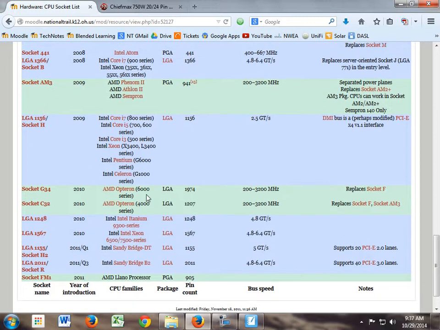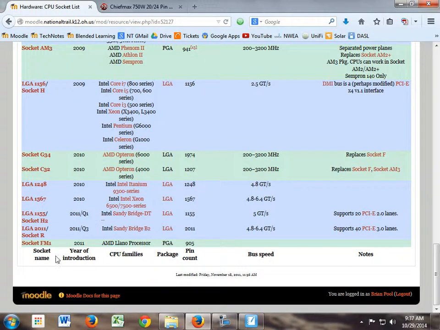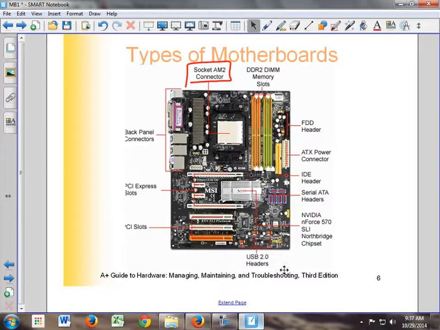These are actually server ones. AM3 and AM2 plus are the ones you're going to see, really the current ones. The two you're going to be looking at the most are AM3 plus, which I know came out in 2009, and really the FM1 socket, which is their current one that came out in 2011. That's the one you really want to make sure you're getting to have the current processor when you look at your motherboards.